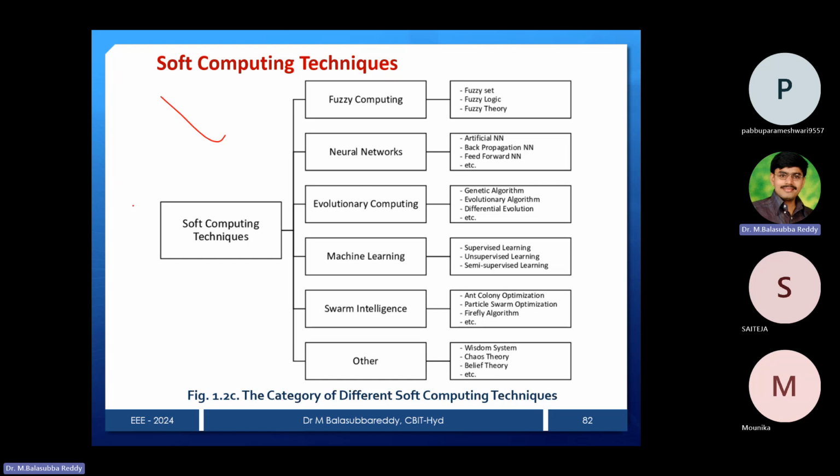Now we can see that machine learning has a lot of improvement nowadays. We have supervised learning, unsupervised learning, semi-supervised learning, reinforcement learning, like that. I think you are familiar with these different kinds of machine learning techniques. And similarly, swarm intelligence, ant colony optimization, particle swarm optimization, firefly algorithms, like that. We have different kinds of swarm intelligence.